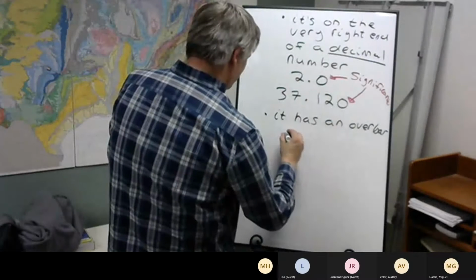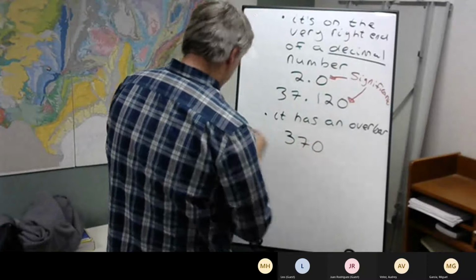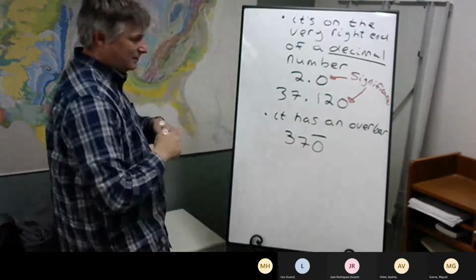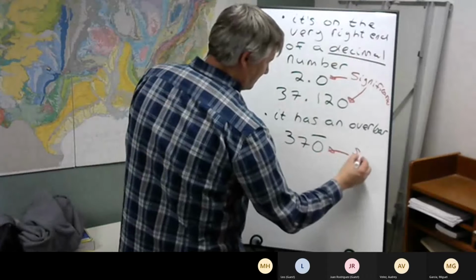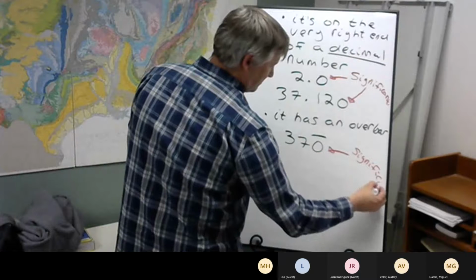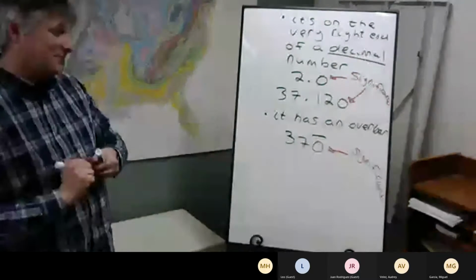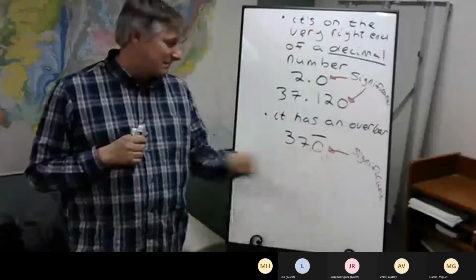So say something like this. So that's going to be significant. That has that overbar. So this doesn't have a decimal point.